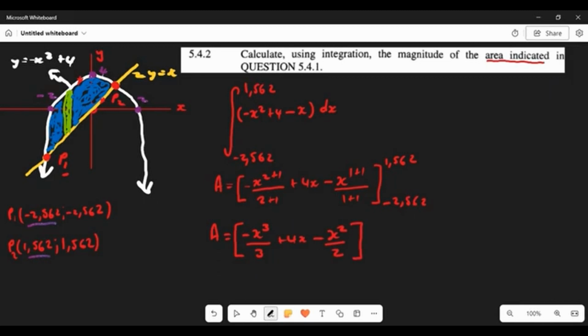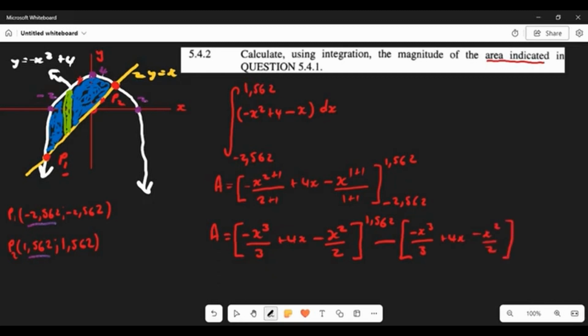Then the first bracket is for the upper limit, so you write the upper limit here, 562, minus. Always, guys, the first bracket is minus the second bracket, which is for the lower limit. So you're going to write the integral that you wrote on the first bracket as it is, minus x squared over 2.